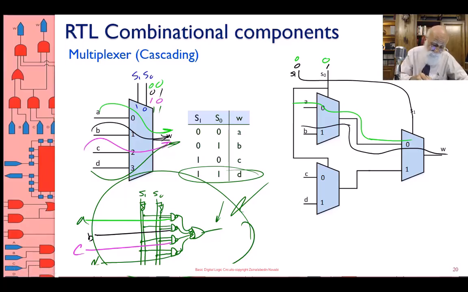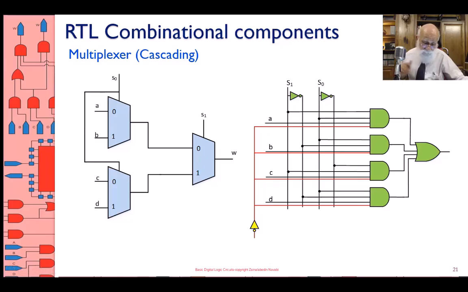If I have 1, 0, then the lower input of the output multiplexer is selected, but then the upper input of the lower left multiplexer is selected, and therefore C goes to the output.